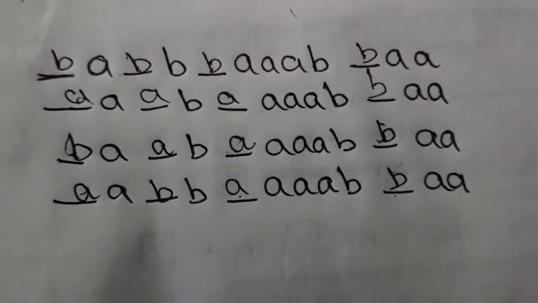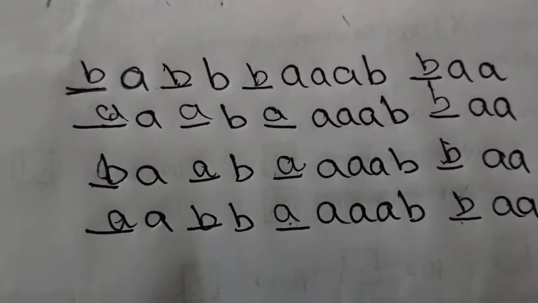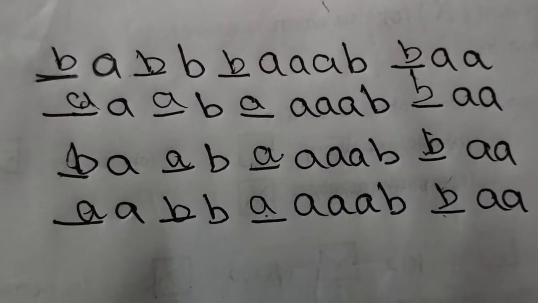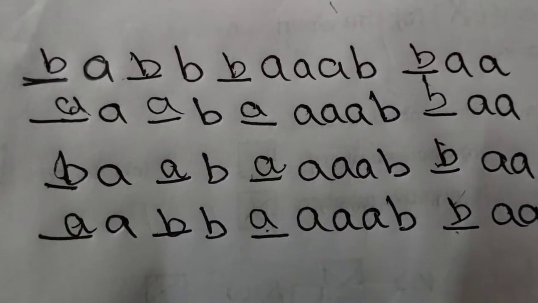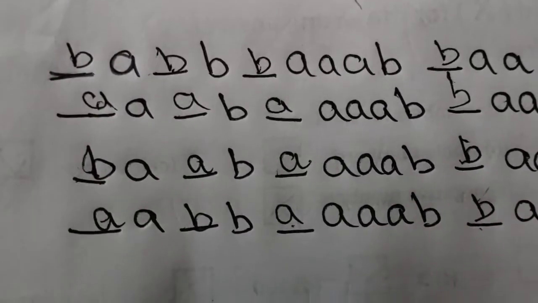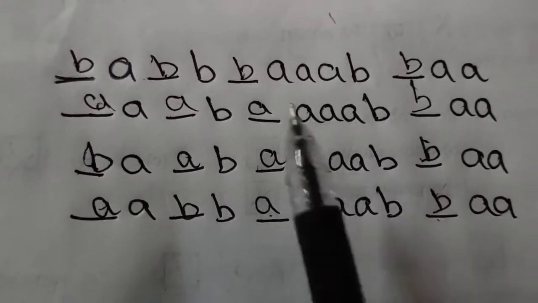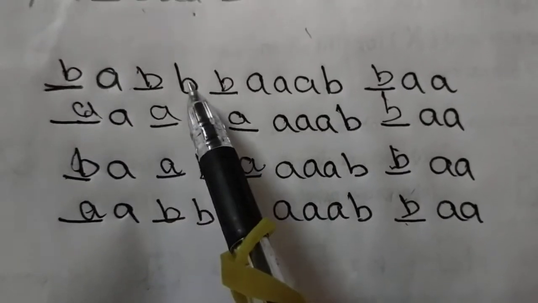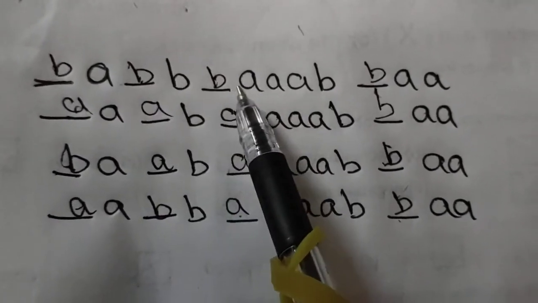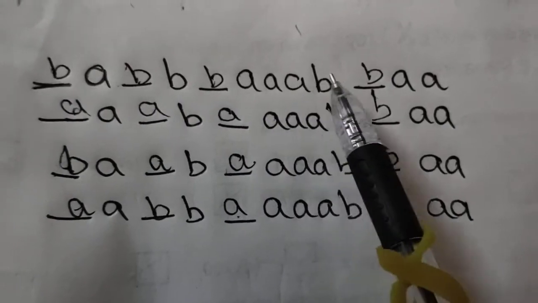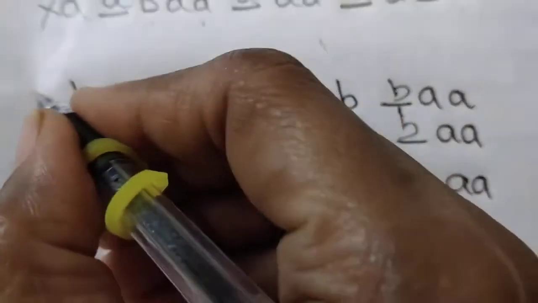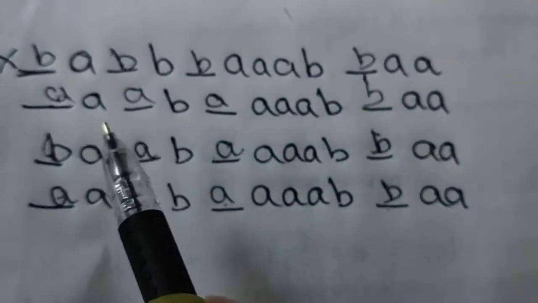Now see which is the correct answer, which is making the sequence pattern. Some pattern has been made here. Which one is there? Okay, let us see. Here 3 times B is there, then 3 times A, then 2 times B. No, it is not making any. So let us put a cross. First option is wrong.